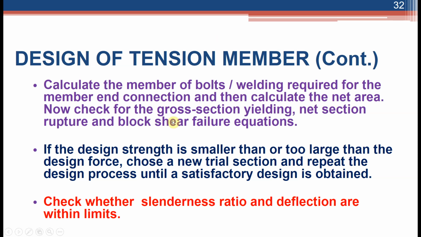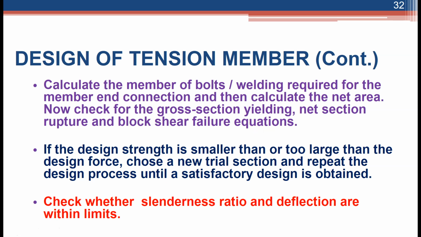Then calculate the net area. Now check for the cross section yielding, net section rupture and block shear. So after finding the number of bolts or welded length, you have to check the given cross section and given end connection, whether bolts or welds.